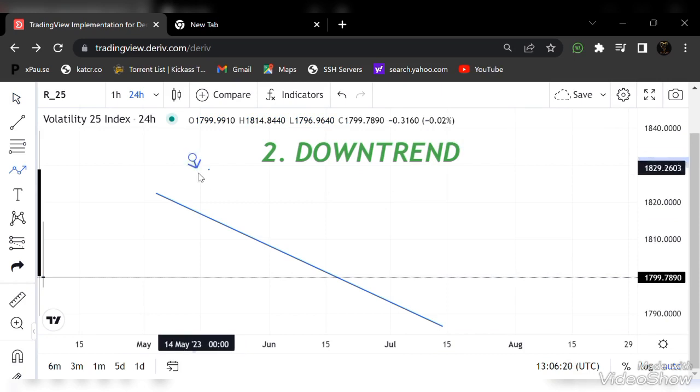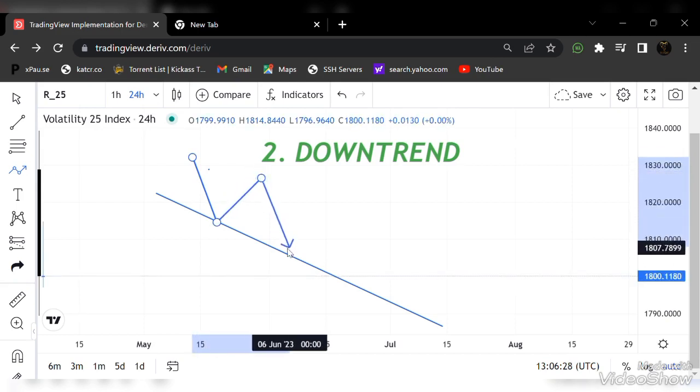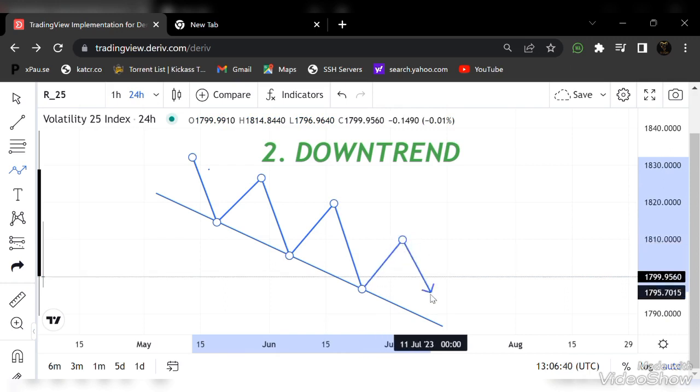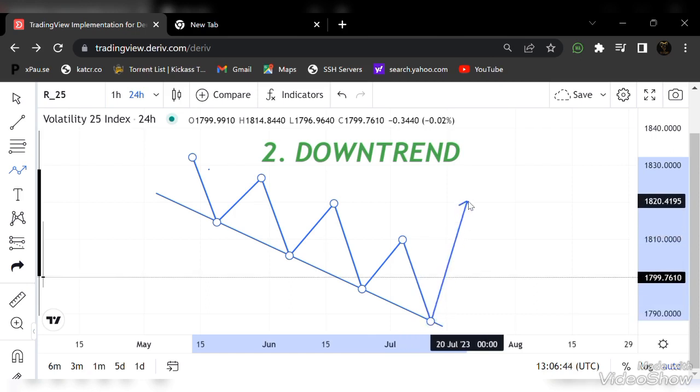If the market was creating higher highs and higher lows like this, as we said before, price was failing to break the previous lower high, so we identify that we are in a downtrend. If price breaks the previous high, that would indicate that the price is now looking bullish.